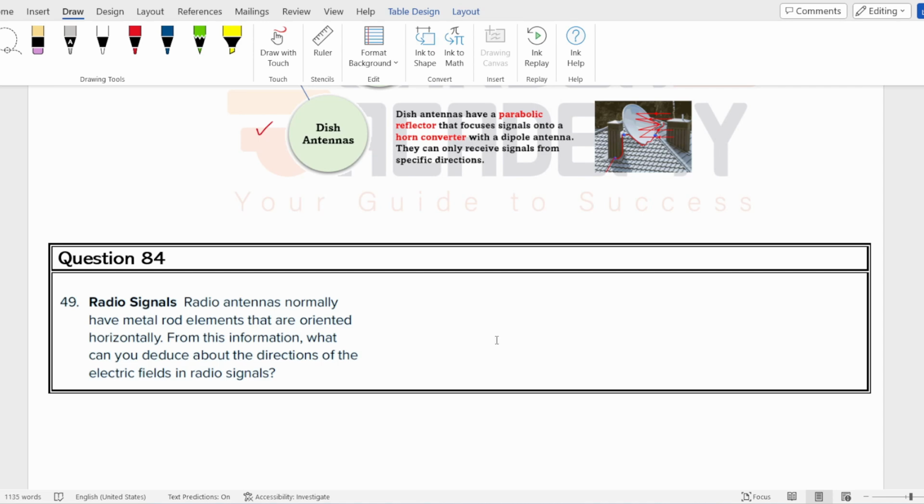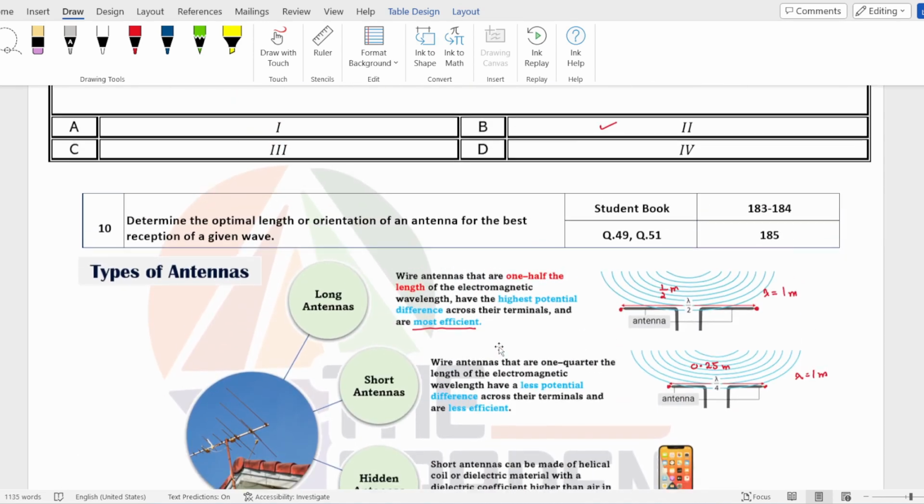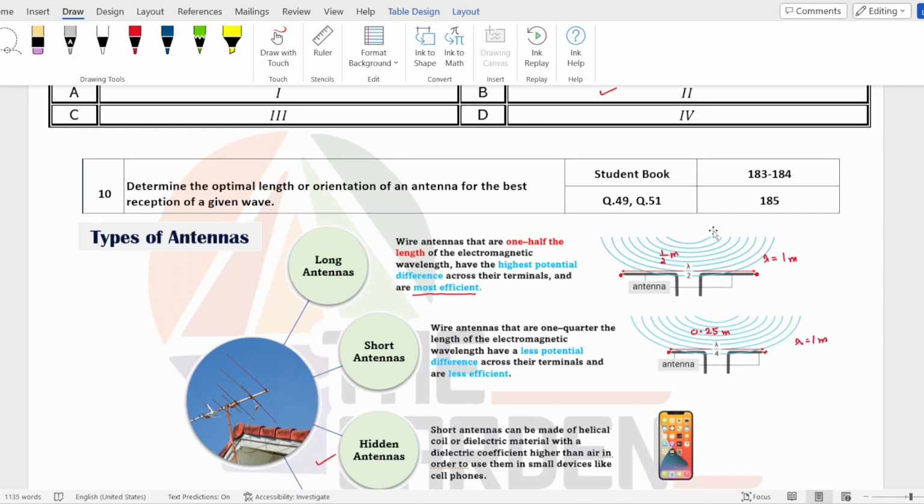Now, if we go back to this drawing just to understand the concept, this is the wavefront of the electromagnetic wave. As you can see, since it's oriented in this direction, meaning that the electromagnetic wave has to be also horizontal.